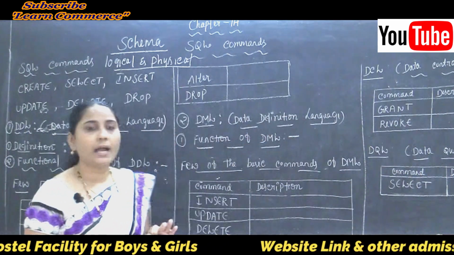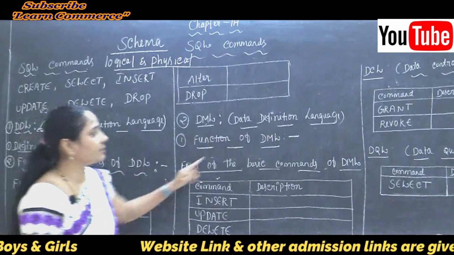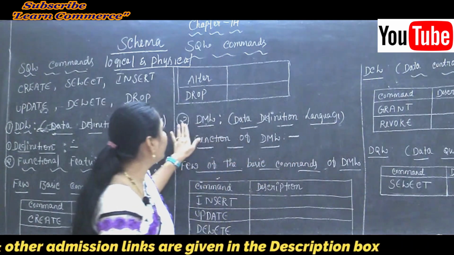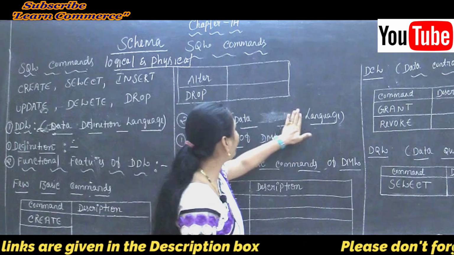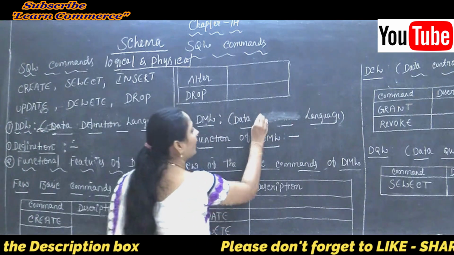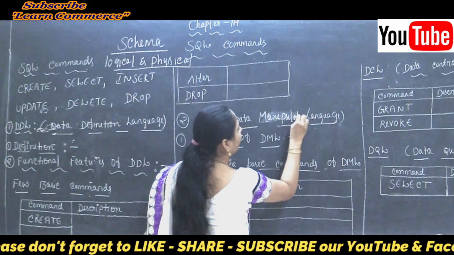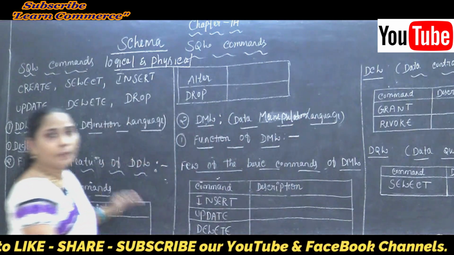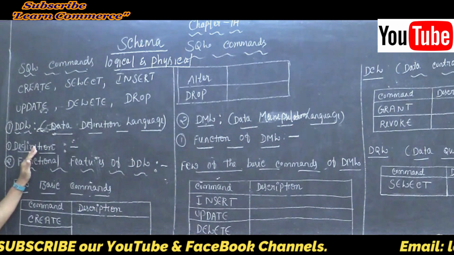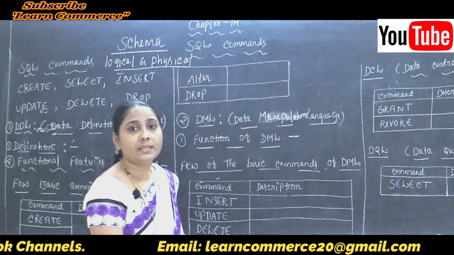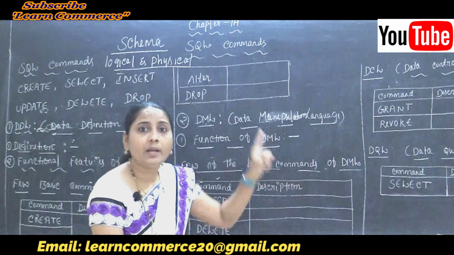The full form of the DML is called data manipulation language. Why? Because for the DDL we know the full form is data definition language, and the DML full form is data manipulation language.